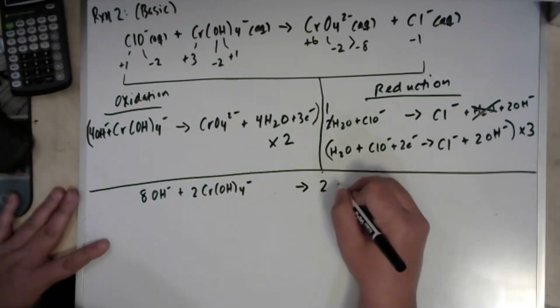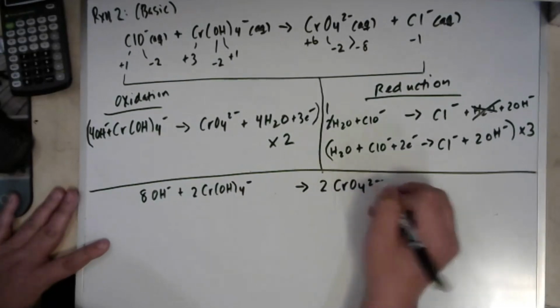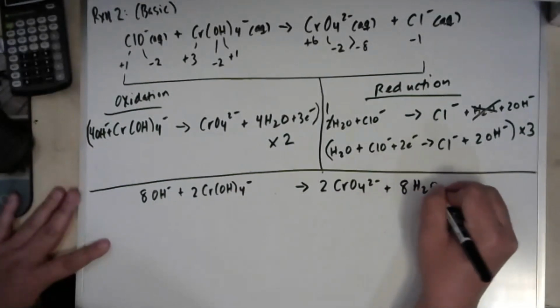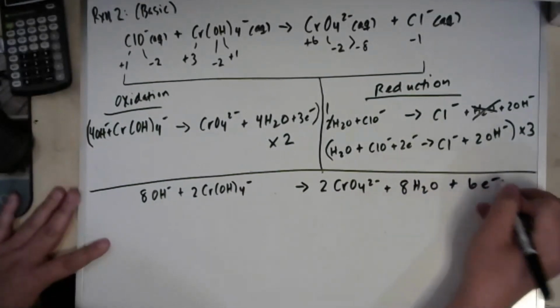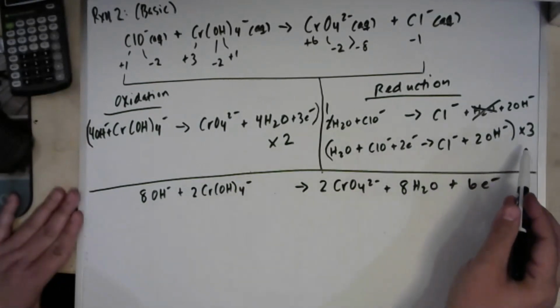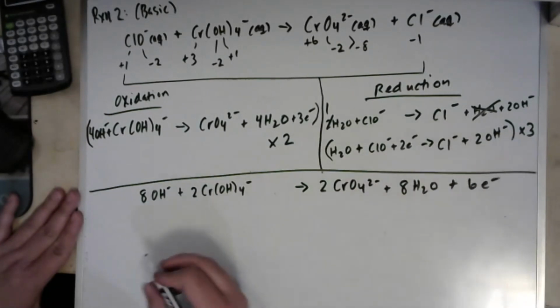Yields 2 of these plus 8 plus 6. Okay. And now I'm going to do the same thing for my reduction half reaction.